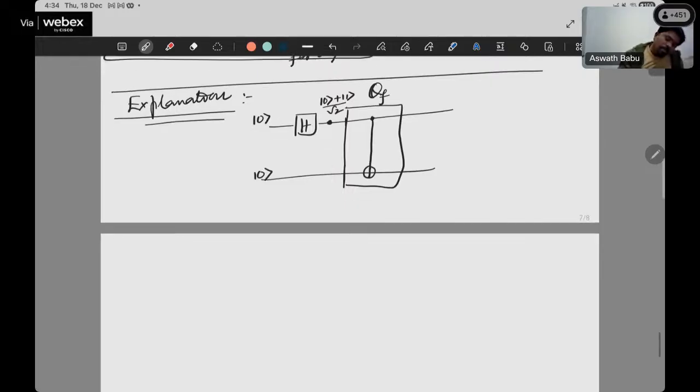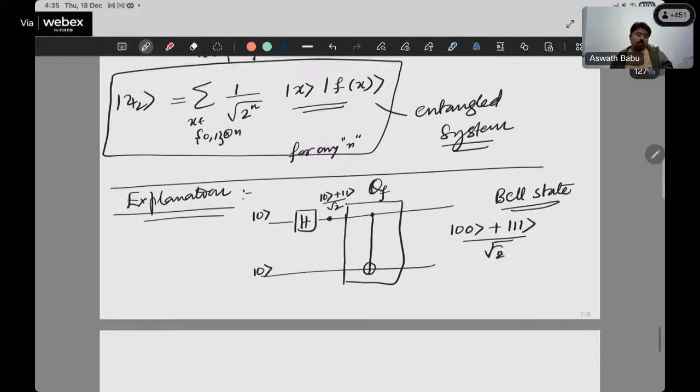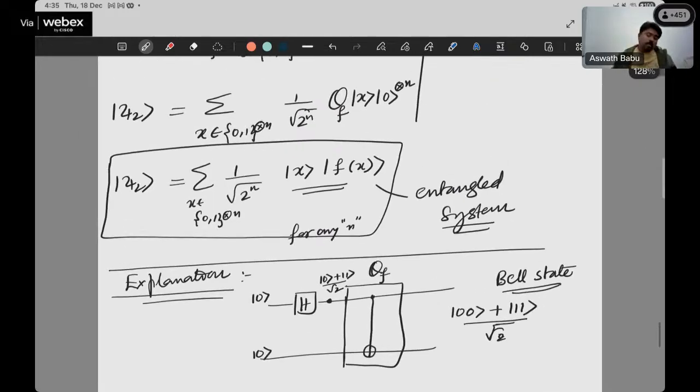This is 0. What is the output? Output is 0 0 plus 1 1 divided by square root of 2. This is a Bell state, an entangled state. So that is what we have here.